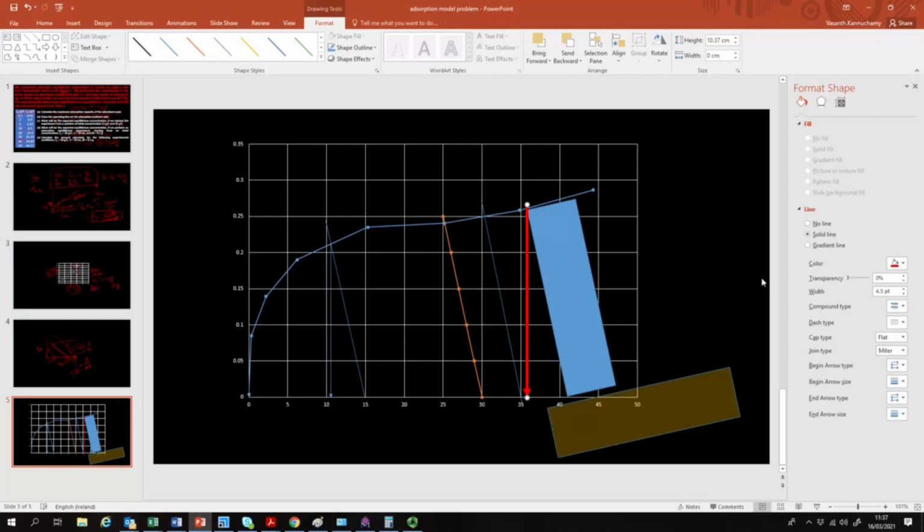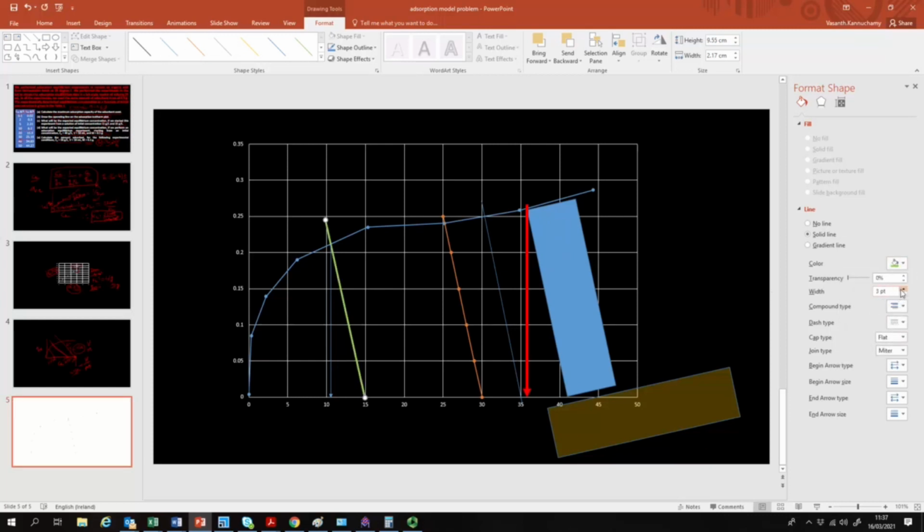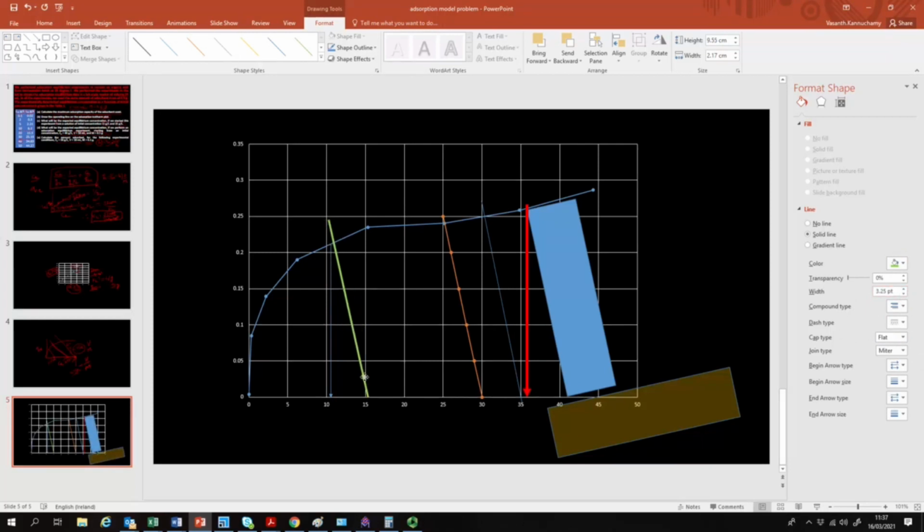And if you want to calculate the amount adsorbed, say for example if you start the experiment at 15 grams per liter, let me change this color to green. So let's say we started the experiment at 15 grams per liter.